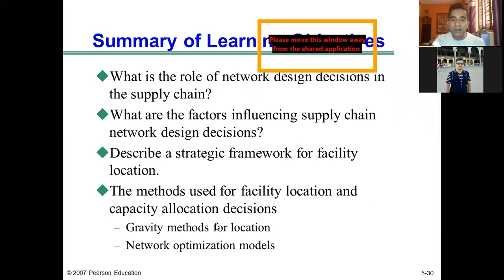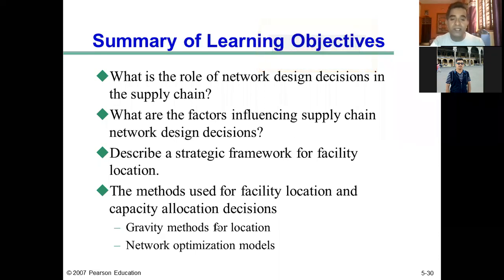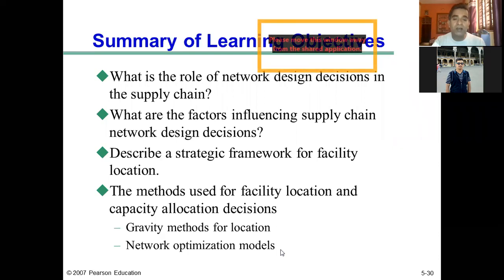The gravity method, which we briefly learned, is used in phase 3, where within a region a specific geographic location needs to be identified for the facility. The network optimization models are used during phase 2, where regions are identified like Asia, South America, Africa, etc. With this we conclude chapter 5, network design, from unit 4 of supply chain management.